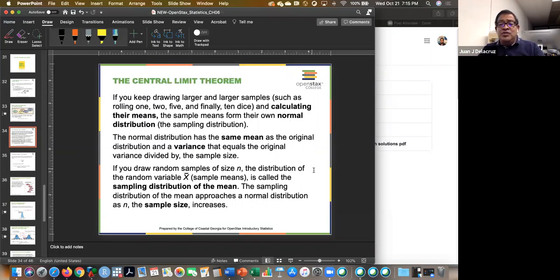The normal distribution has the same mean as the original, and a variance that equals the original variance divided by the sample size. So the standard deviation is also affected: when we use the standard deviation, we take the square root of the variance, and then we take the square root of the sample size.